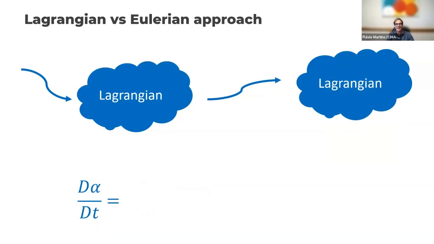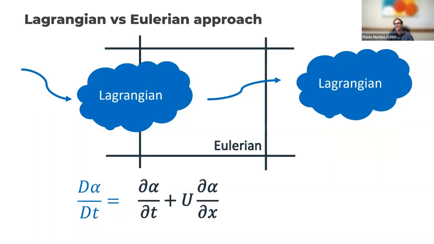And they are exactly equivalent. Either being a Lagrangian observer and you analyze the fluid like this, or being an Eulerian observer and analyzing the fluid like this, it's exactly the same. So it's two different ways of looking at the fluid as it moves.